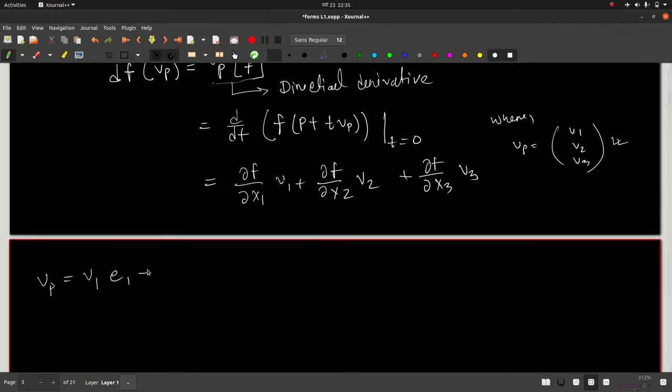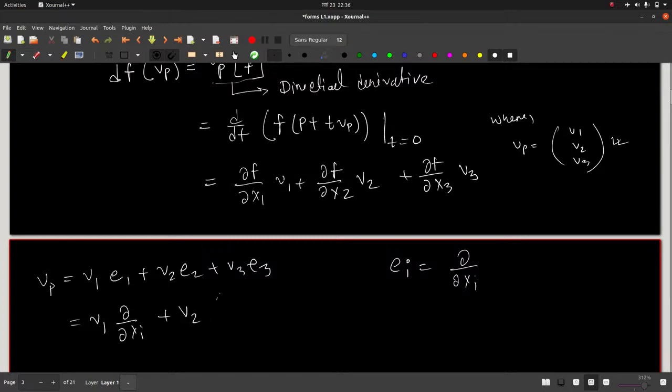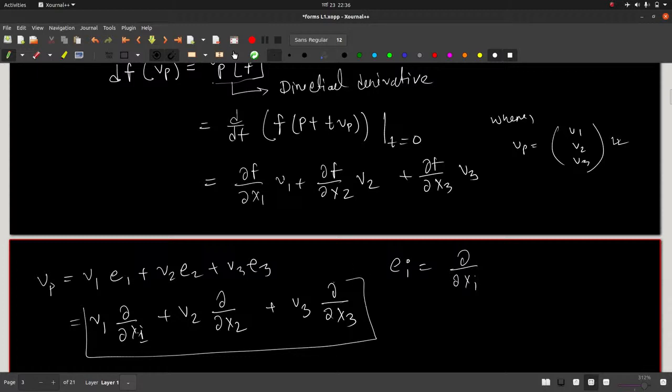It can also be written as v1 e1 plus v2 e2 plus v3 e3, where the e's are the basis vectors on that Cartesian coordinate. But recall that e_i was given by this guy, right? So we can finally write it as v1 ∂1 plus v2 ∂2 plus v3 ∂3.